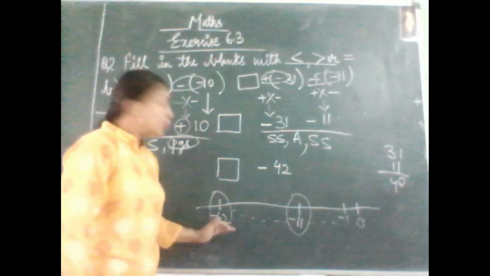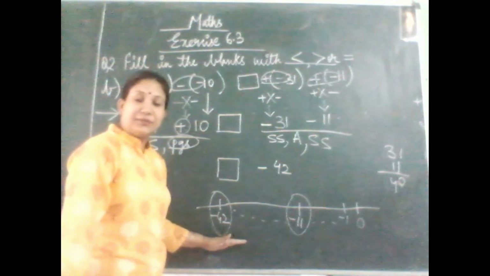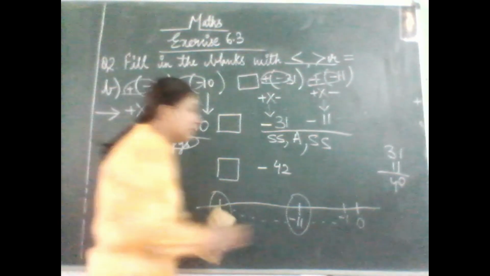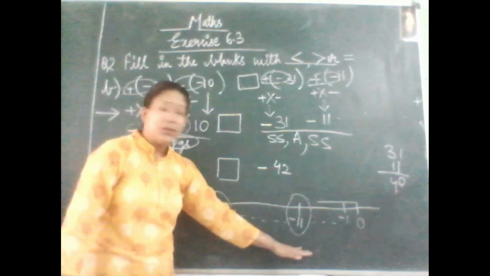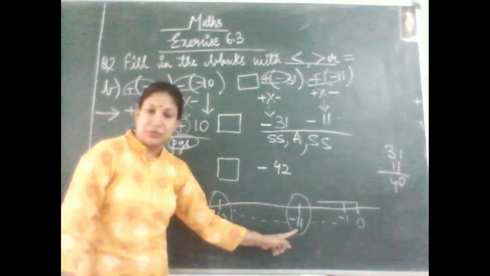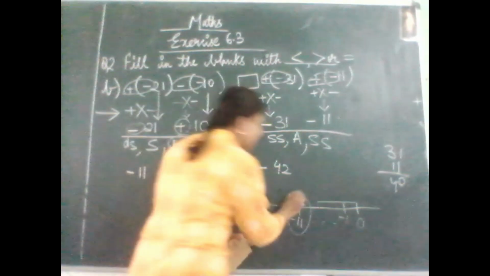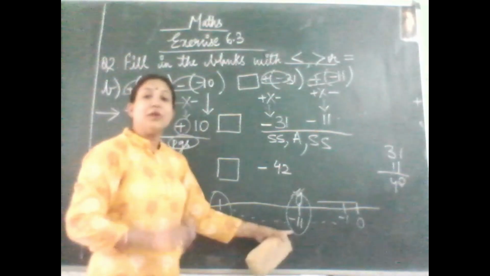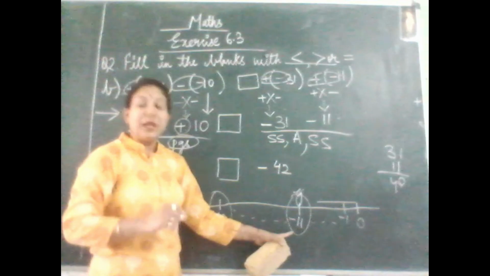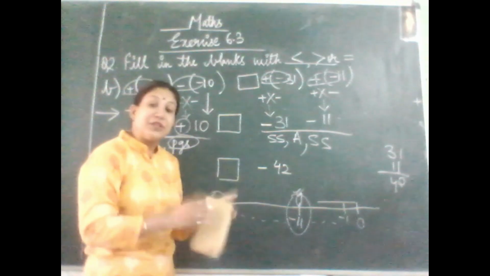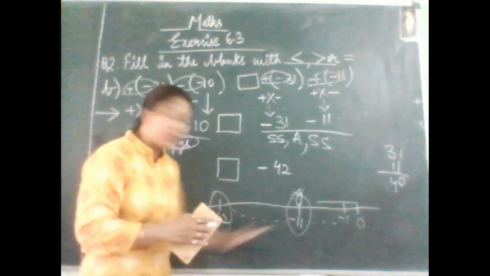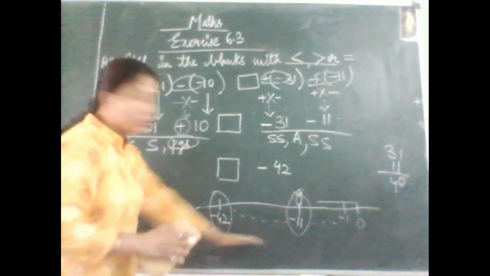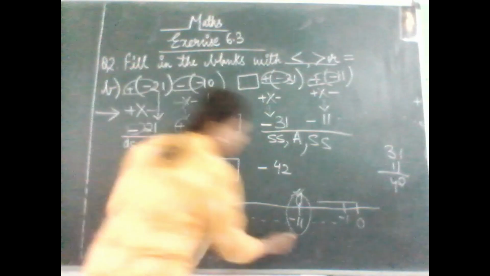Now you tell me, which number is greater? The number which is near to 0. Whichever negative integer is near to 0, that is the greater number. Or come back to the rule: the number which is towards the rightmost side. If you take these two numbers, which number is towards the rightmost side?